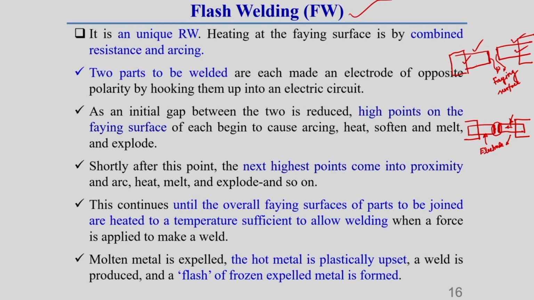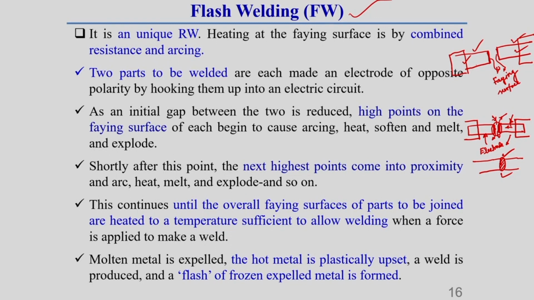At that time a joint occurs, which I will show in detail in a subsequent slide. It is a butt type of joint, produced due to the combined effect of pressure and arc. Here both resistance heating as well as flash, that means arc, is generated in this gap. That is why it is called the flash welding process.